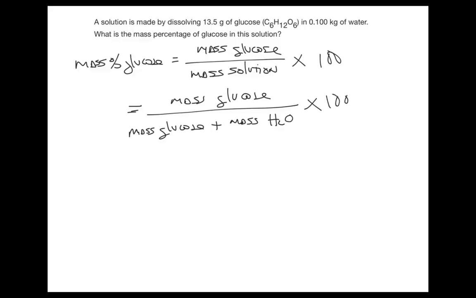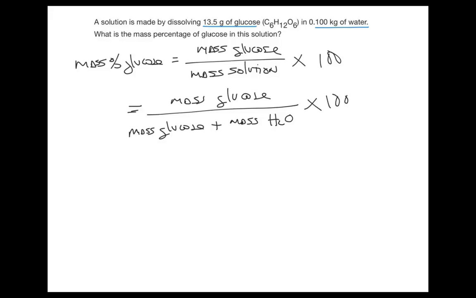Now, we can see here that we have the mass of glucose in grams, but we have the mass of water in kilograms, and we need to have both units the same. So let's change the kilograms of water to grams of water.